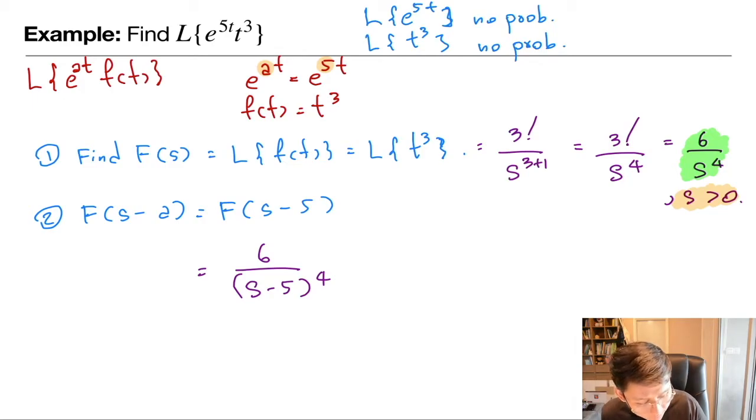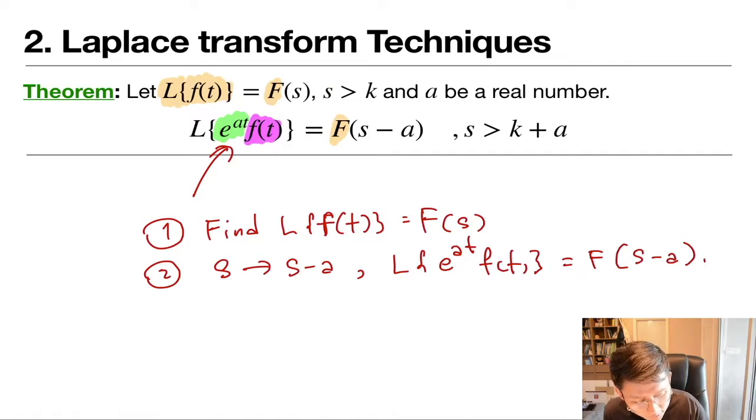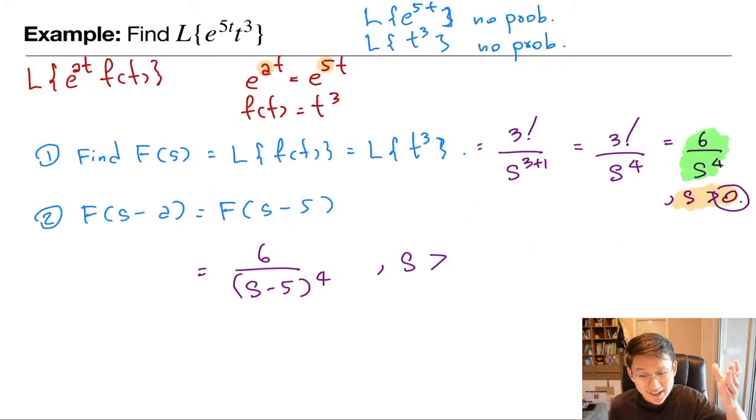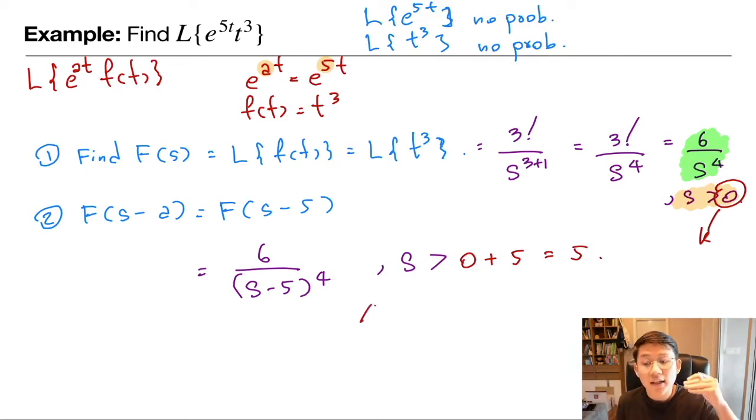When s is bigger than k plus a. Before that, s is bigger than k, and right now our k is 0. Let me use some other color. Right now this is our k, and then we have k plus a, so s is bigger than 0 plus 5, which is 5, and that is the answer. It's the Laplace transform of e to the 5t t cubed.